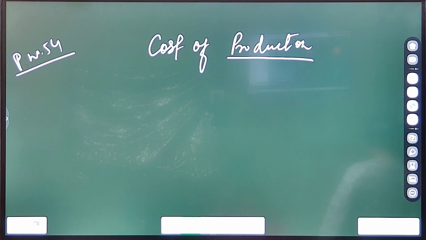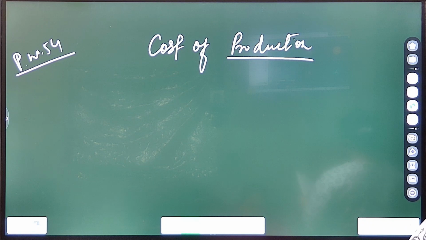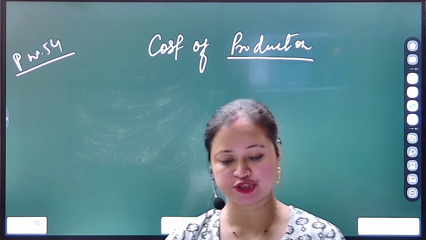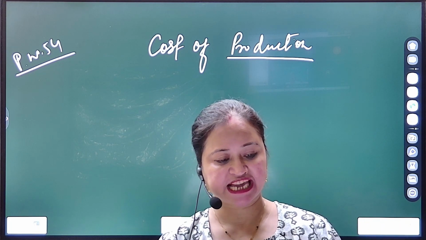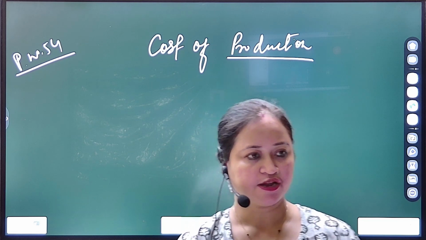So cost of production refers to the total costs incurred by a business to produce a specific quantity of a product or offer a service. Production costs may include labor, raw material, or consumable supplies. In economics, cost of production is defined as the expenditures incurred to obtain the factors of production such as land, labor, and capital that are needed in the production process of a product.